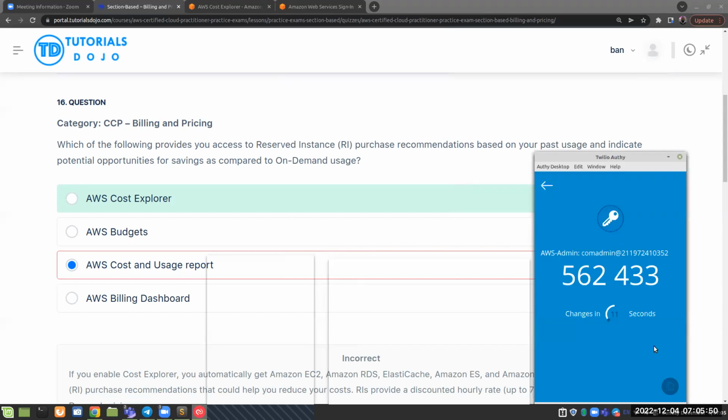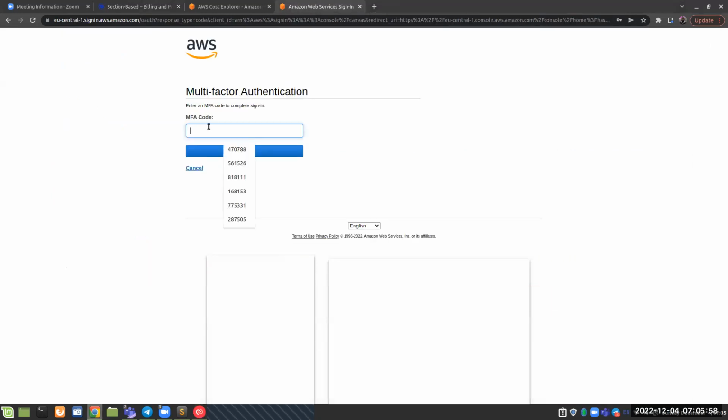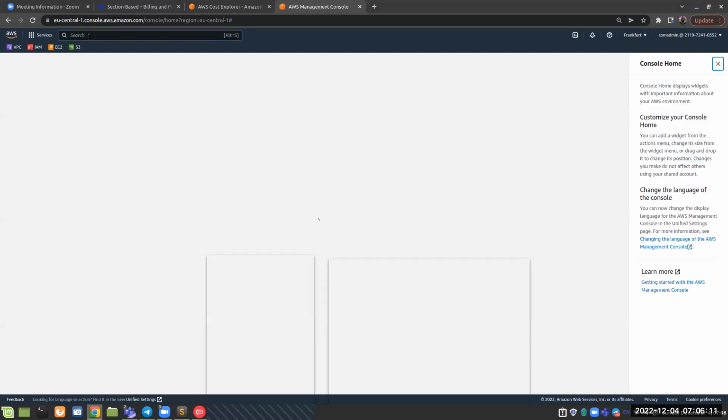But in this case, it's not the right answer. You have to go for AWS Cost Explorer.